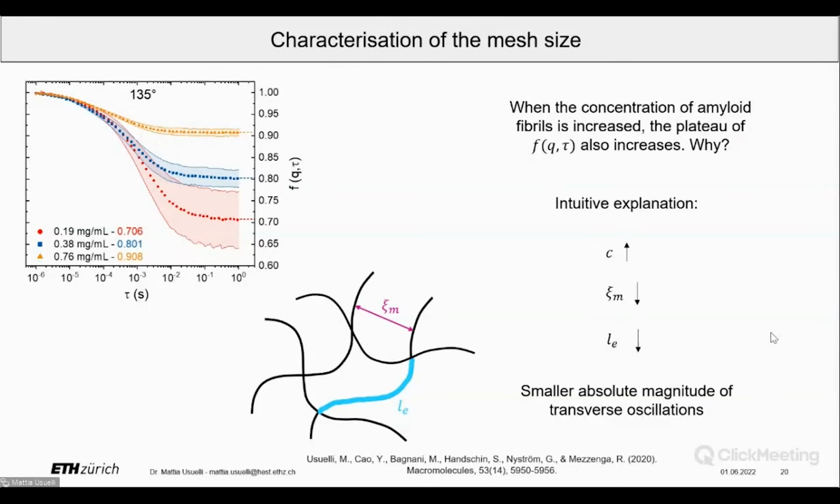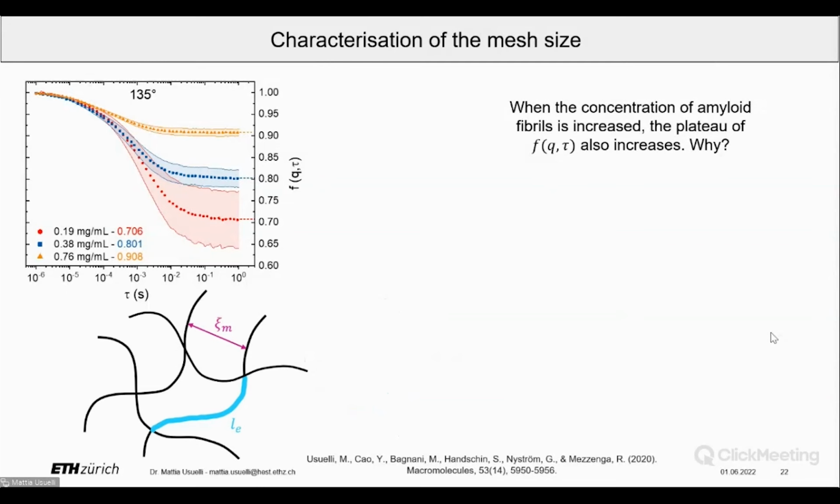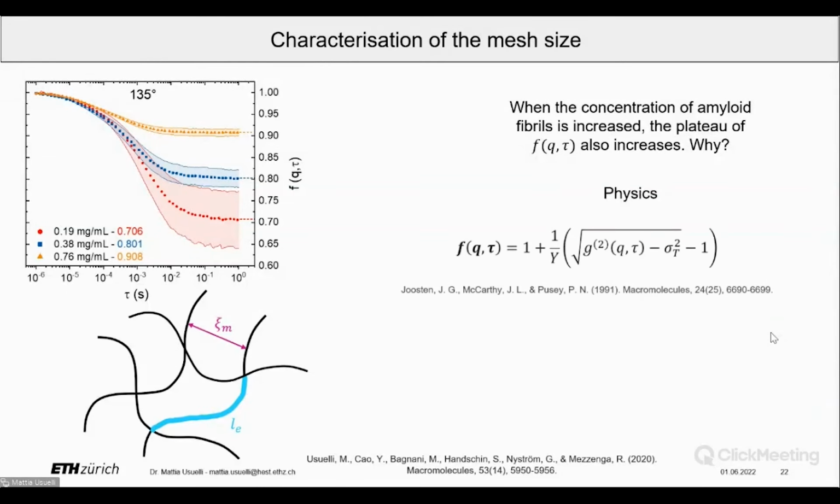This is an intuitive explanation, but if you want to extract quantitatively the value of the mesh size, we also have to have a physical explanation. From a physical perspective, this is the formula that we mentioned before for non-ergodicity. This needs to be coupled together with a theoretical treatment of the intermediate scattering function from semi-flexible polymers.